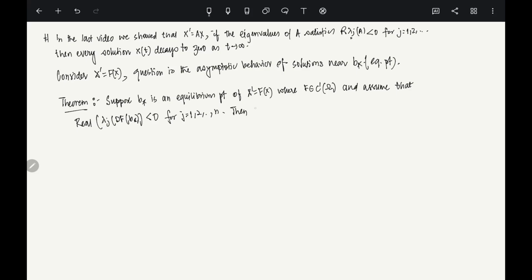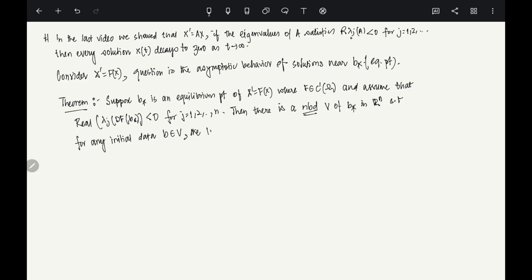There is a neighborhood V of b star in Rn such that for any initial data b in V, is it okay?